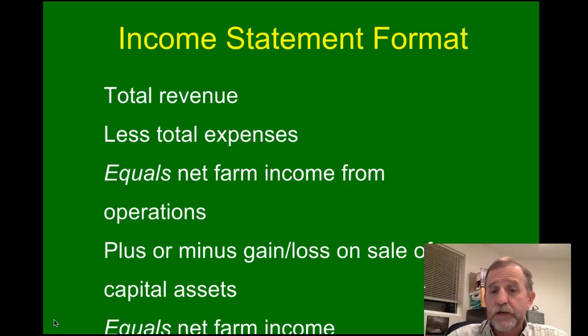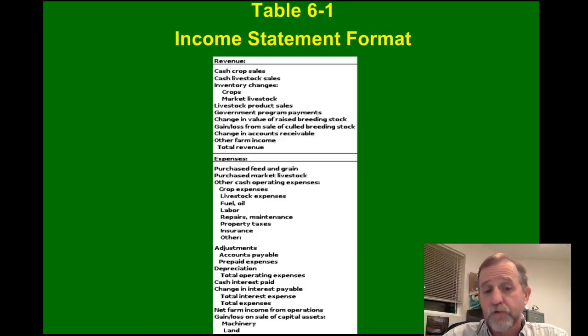Plus or minus the gains or loss on the sale of capital assets, and that equals the real net farm income. Net farm income, if you're not familiar with that term, is the profit from this particular enterprise or this particular operation. And that's what we're trying to get at as far as an income statement.